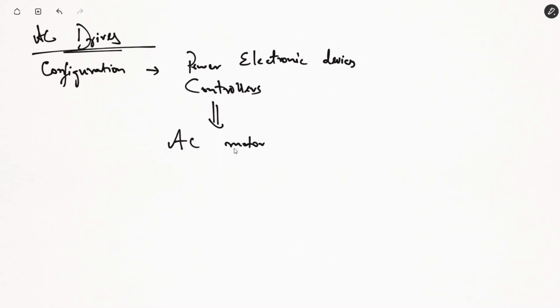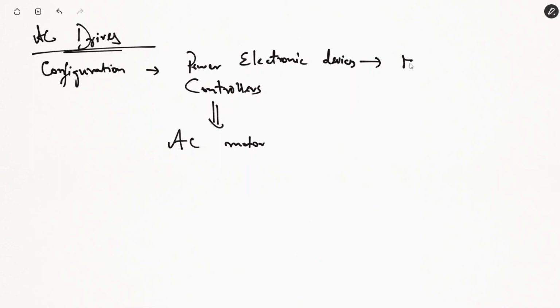Now we are talking about speed control, position control, torque control, current control of AC motors. Now the power electronic devices that will be used in case of AC motor drives. For DC drives, we had rectifiers and choppers.